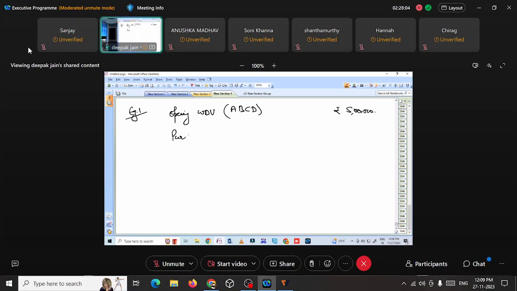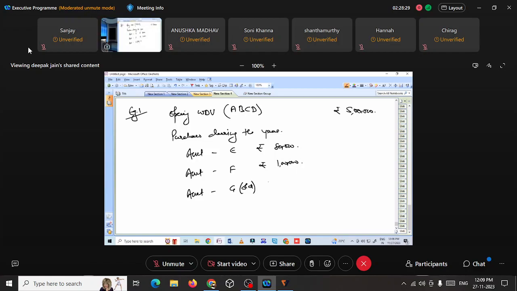Purchases during the year: Asset E, rupees 80,000. Asset F, rupees 1 lakh. Asset G, old, it is an old one, beta, rupees 20,000.